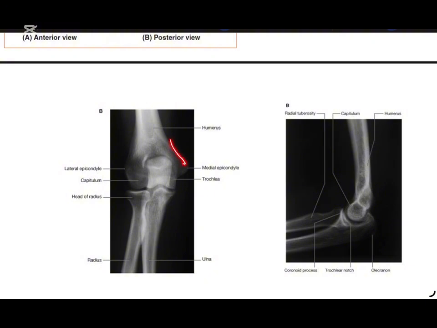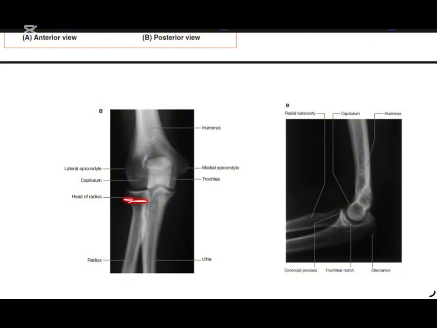What is it? The ulnar nerve. And related to what? The medial epicondyle posteriorly. So what is this process anteriorly? Yes, coronoid process. What is this part? Head of the radius here. Neck of the radius.